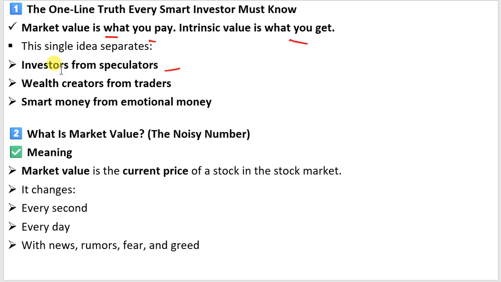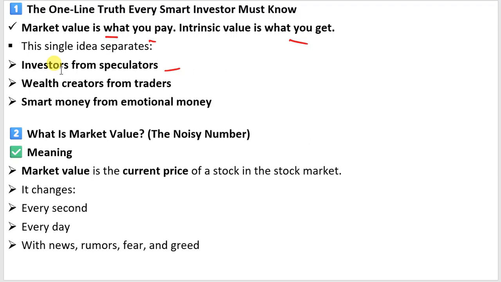But speculators seek high-risk, short-term profits from market volatility. Investors prioritize security and income, whereas speculators often act impulsively, betting on price movement akin to gambling.